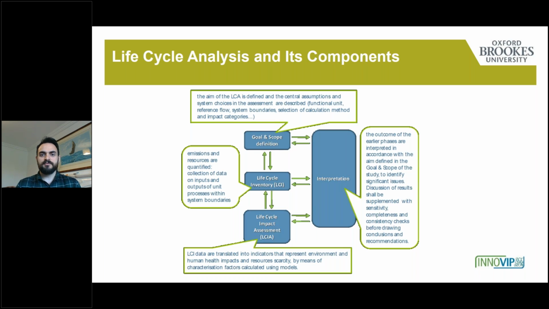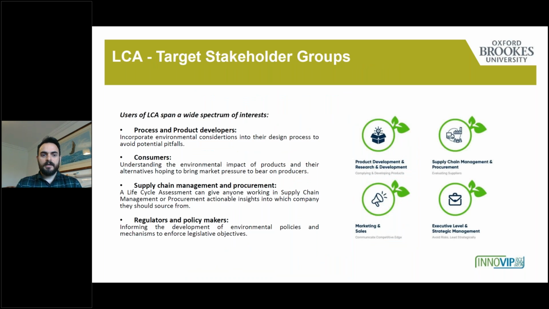This whole process is finalized at the end by the interpretation step, where you talk about the results and see the implications of the analysis for different end users and how this can be used, and depending on different applications, you can apply uncertainty and sensitivity analysis also to the process.